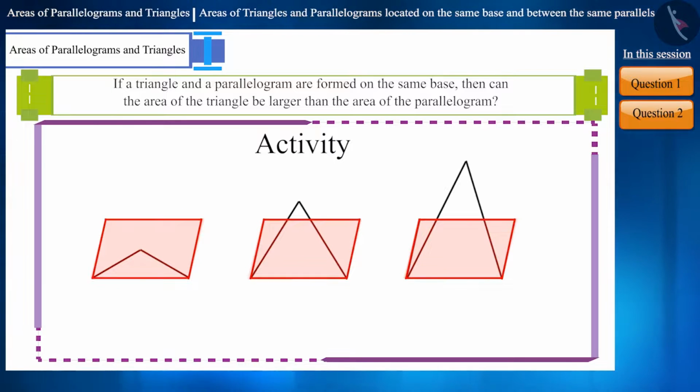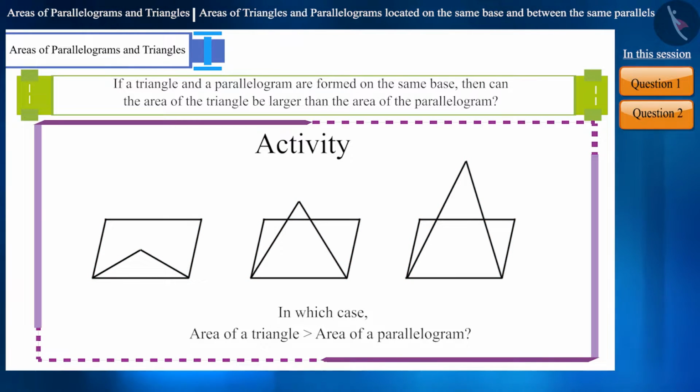Construct several triangles using the base of the same parallelogram. Try to determine in which case the area of the triangle will be more than the area of the parallelogram. Solve this question with the help of your classmates and teacher.